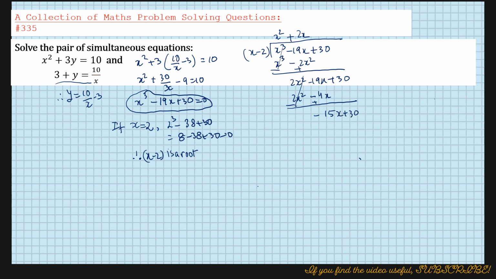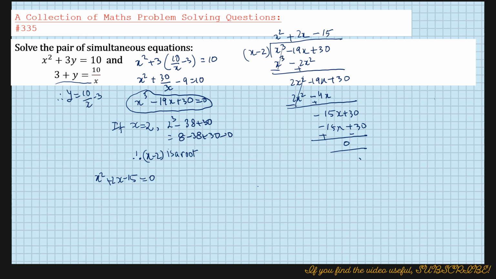If I multiply it with minus 15, I should get minus 15x plus 30, and then subtracting, you get 0. So we have got this term x squared plus 2x minus 15 equals 0.